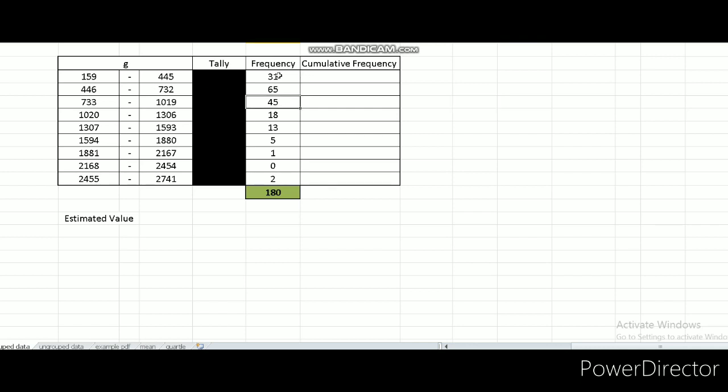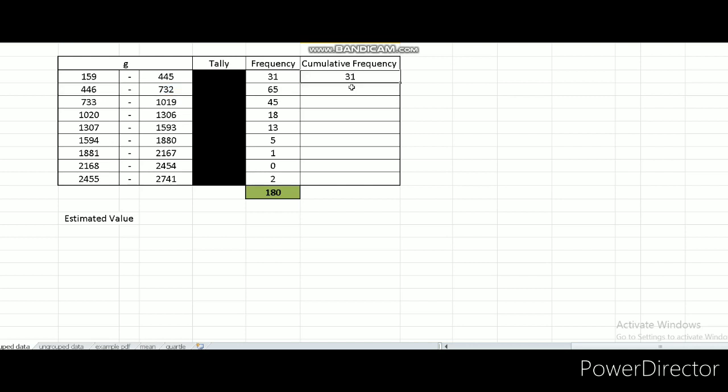For example, from the first group we will have 31 data. Then we continue from the 32nd, beginning with all values from the second group, between 446 and 732, which is about 65 data.